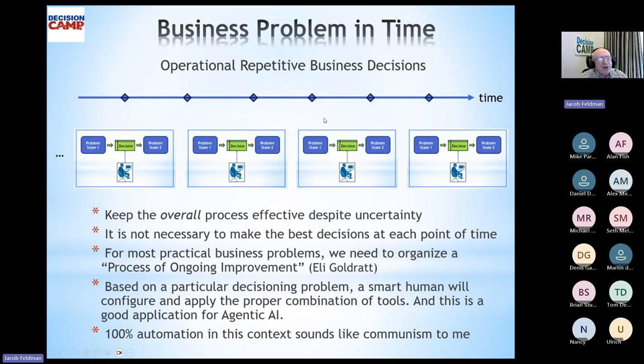We should always look at the long-term effectiveness of our decisions, not just one. So it's not necessary to make the best decision at each point in time. We can make not the best, but close to best or good enough decisions here and here, to make the overall decisions much more effective.